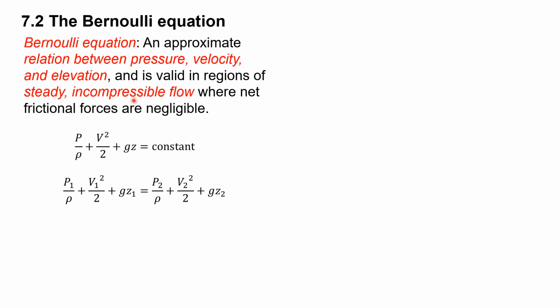We will see later what the parts of Bernoulli's equation are, and we will also show some derivation for you to understand. I'm not going to discuss the derivation, but you can just follow how this formula is derived.